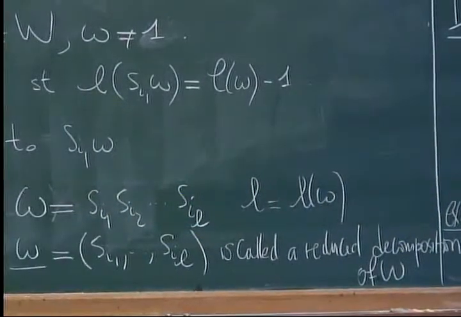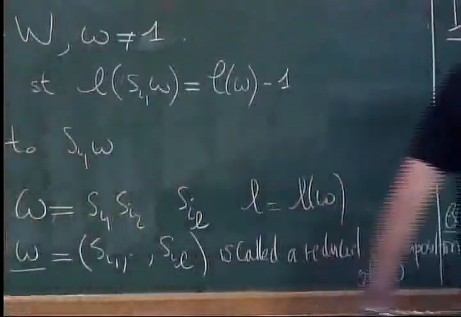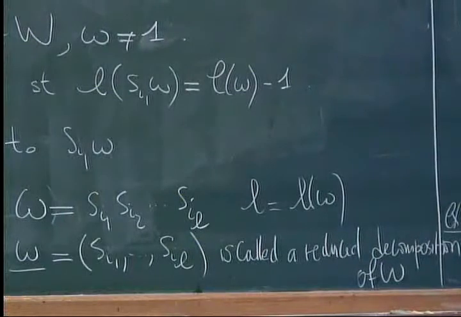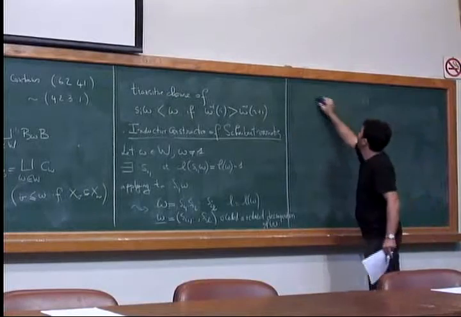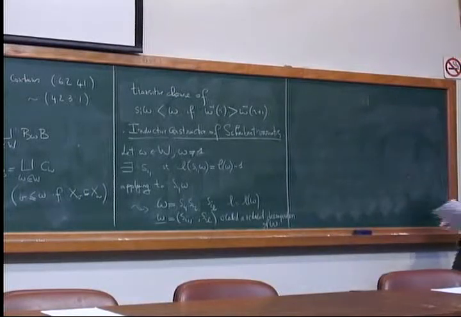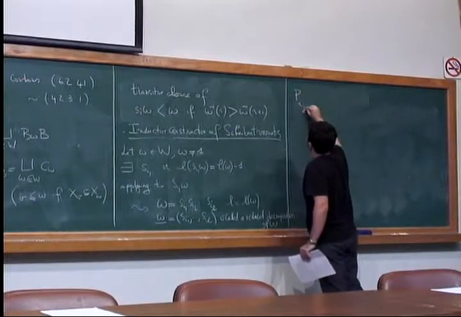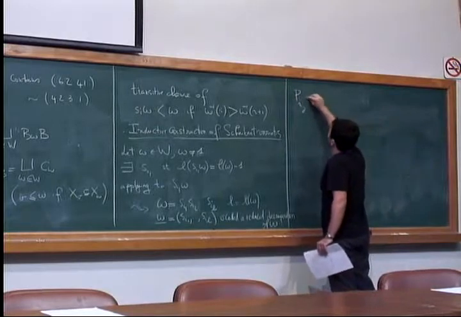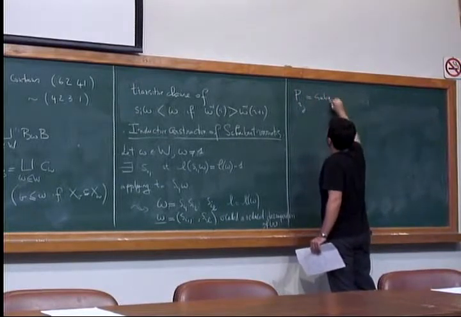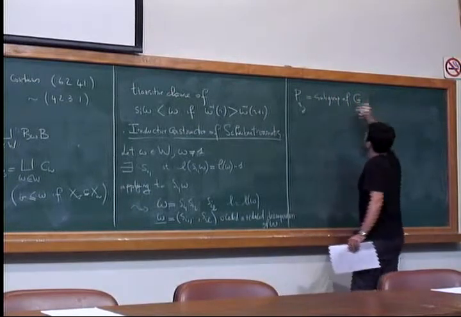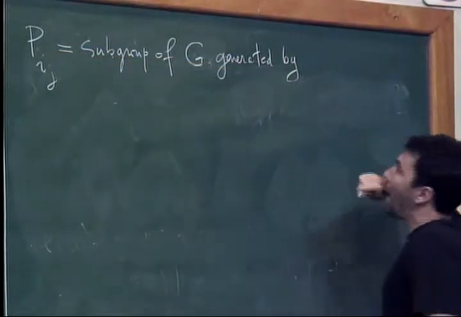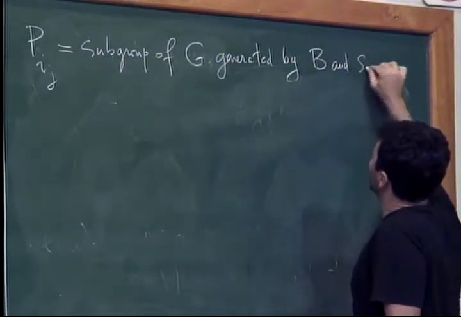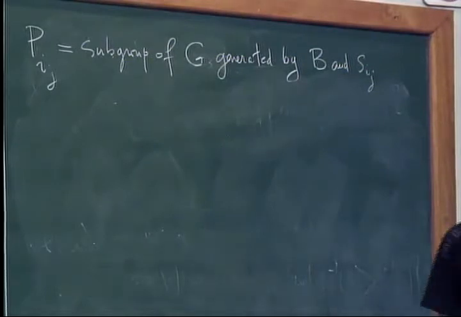So what can be done with this way of writing w? I introduce P_i as the subgroup of GL_n generated by B and the elementary transposition s_i.